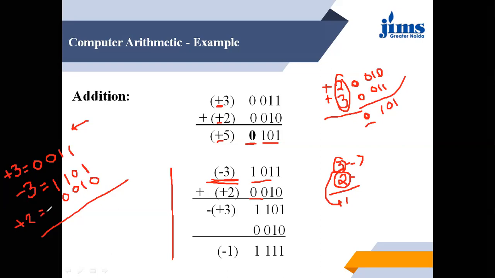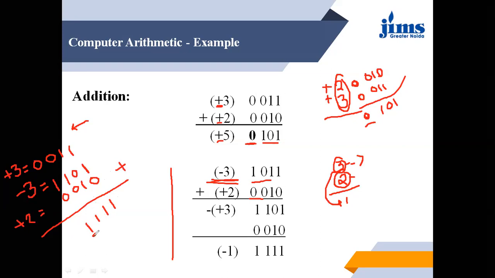When we add these two numbers, this is 1 0 1 0, plus 1 is 1, 0, 1 plus 0 is 1, and 1 plus 0 is 1. From the sign bit, you can see that the number is negative.